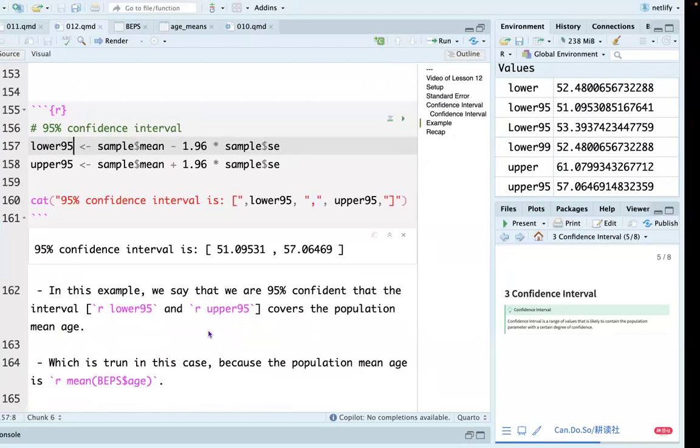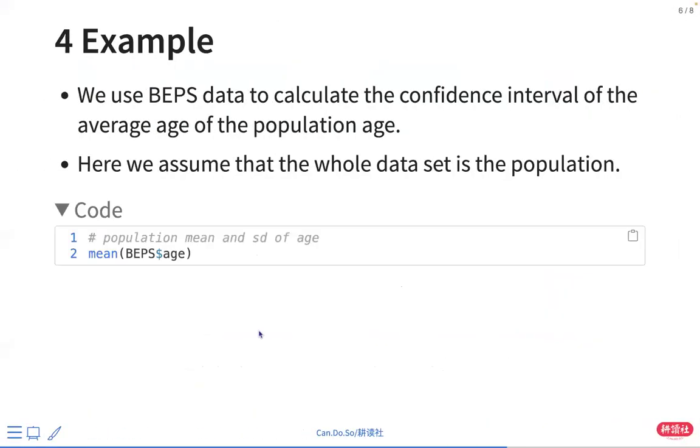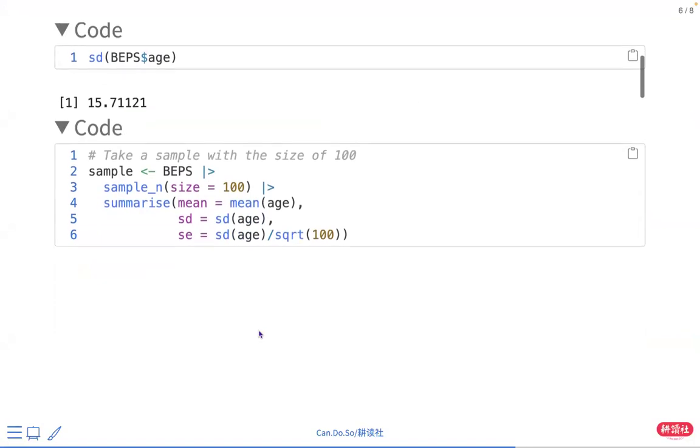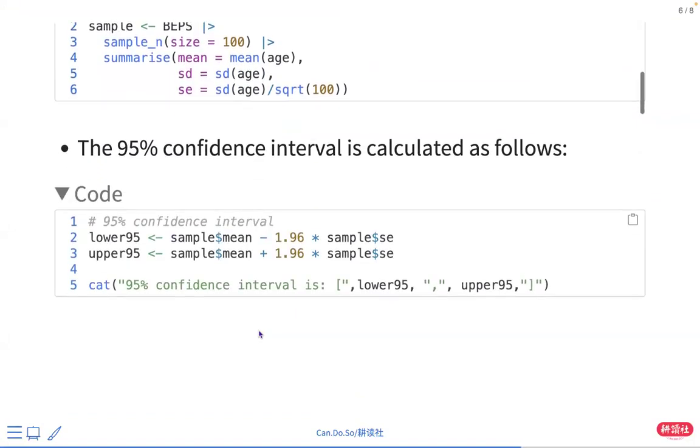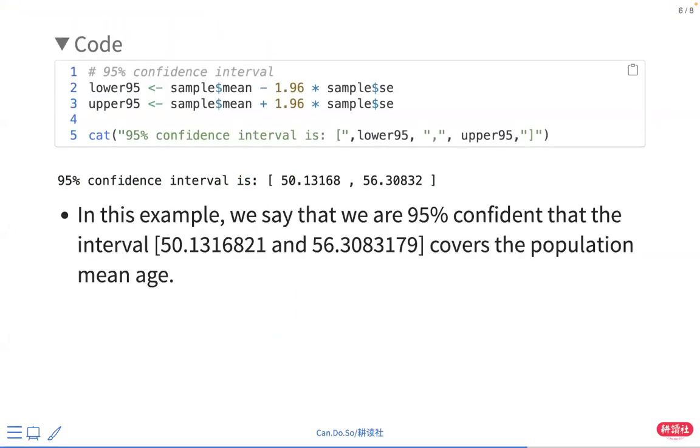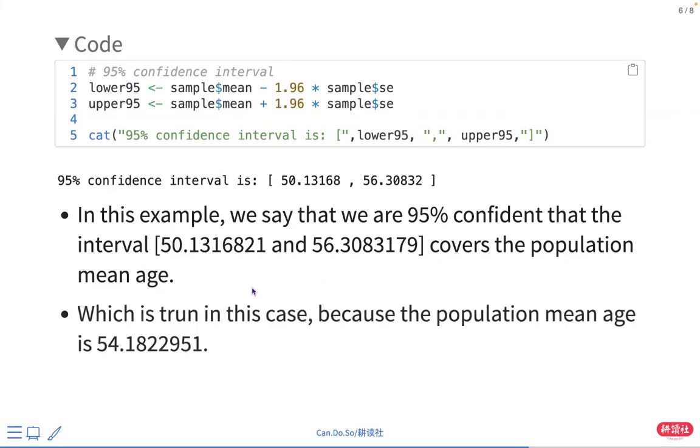In this example, we say that we are 95% confident that this interval covers the population mean age, which is true in this case.